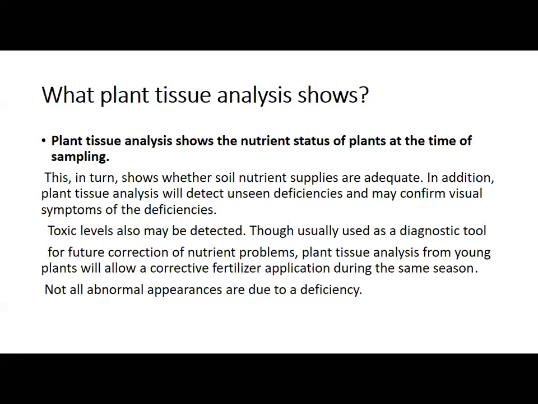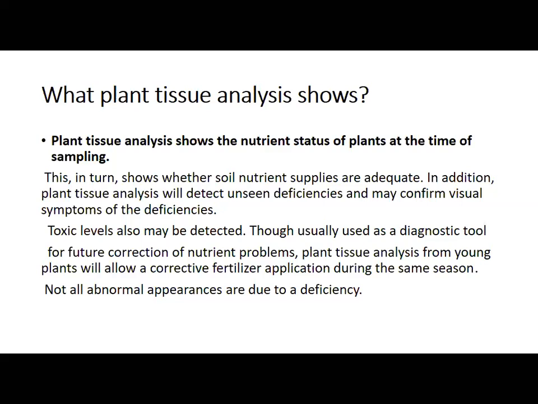Simply, it denotes the uptake of nutrients from soil through various processes, known as mass flow and diffusion, and that particular nutrient concentration is denoted in plant tissue.